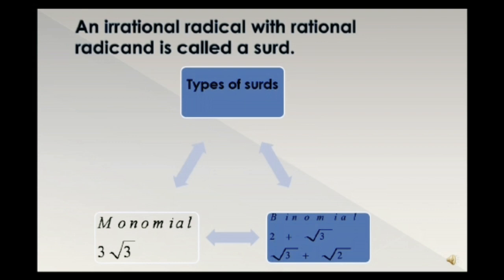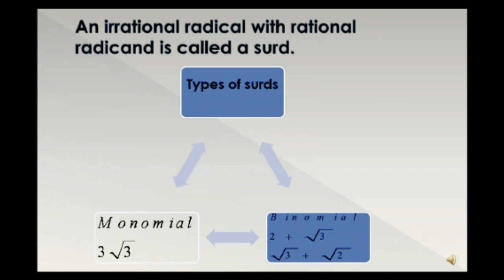Now we will discuss what the types of surds are. The types of surds are very important. First is monomial. A monomial surd contains a single term, such as 3 under root 3. It's a single term, so this is called monomial. Second is binomial. Binomial has 2 cases.